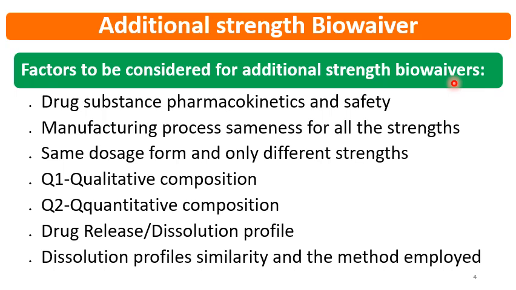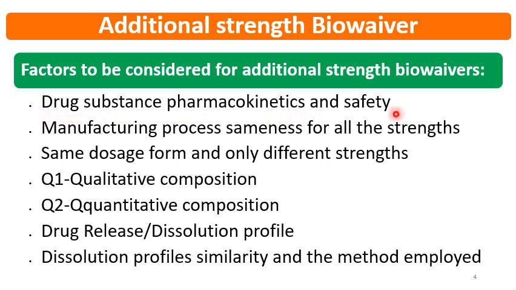Is it applicable for biowaiver, and if yes, by which type? And if your product is required to undergo bioequivalence testing, then which strength will go for BE and for which strength biowaiver can be asked. So the factors are there to consider.